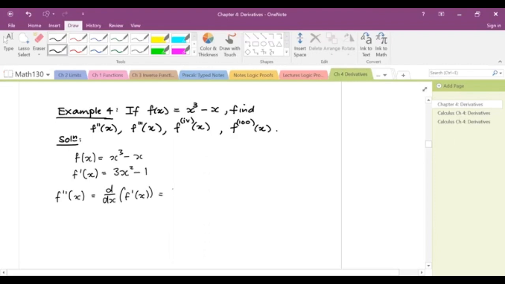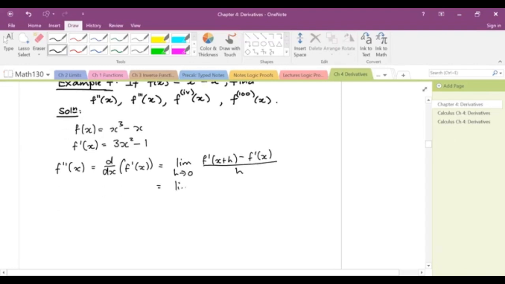By definition, that is the limit as h tends towards 0 of f prime of x plus h minus f prime of x all over h.